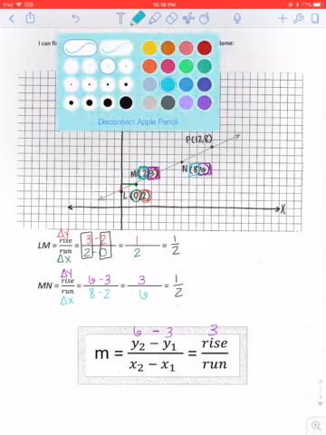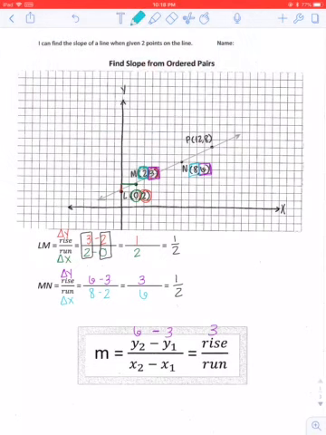And then I'm going to look at my run by taking my second x value, 8, and subtracting the first one, 2, to give me 6. And then I simplify that slope to get my m value.